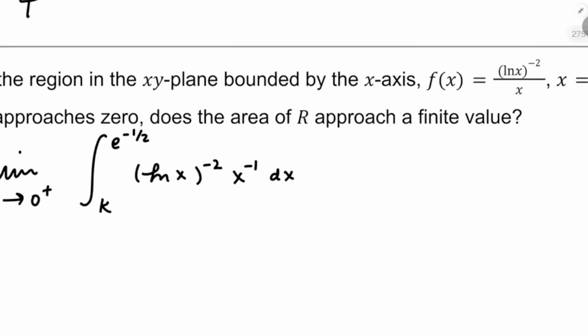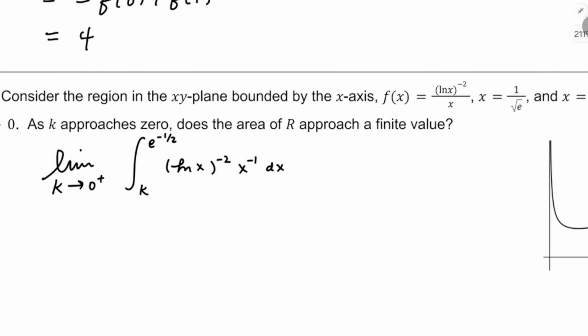And yeah, that's going to be u substitution, because the derivative of natural log x is 1 over x, and that's that x to the negative 1. I think it would be even more obvious if I wrote it like that.